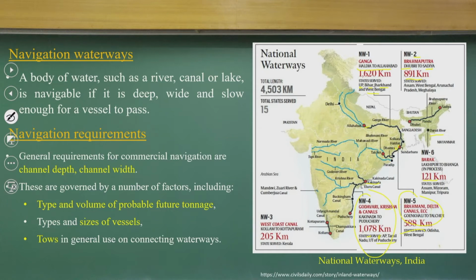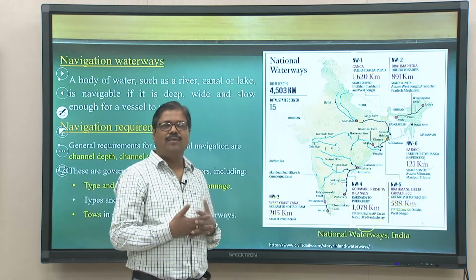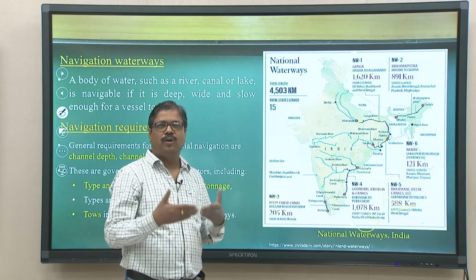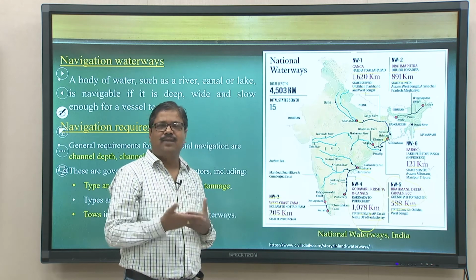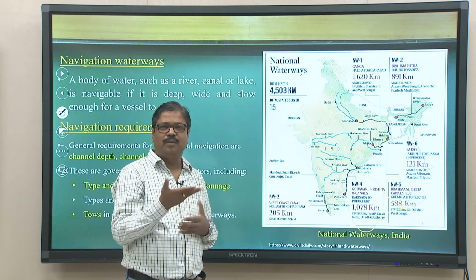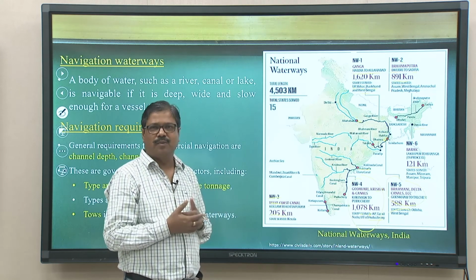This is National Waterway 4. Then similarly we have National Waterway 3, which is the West Coast Canal, around 205 kilometers. If you look at these national waterway systems, what we need for navigability is to always have at least a minimum water depth. A minimum water depth should be there, the river should be navigable.